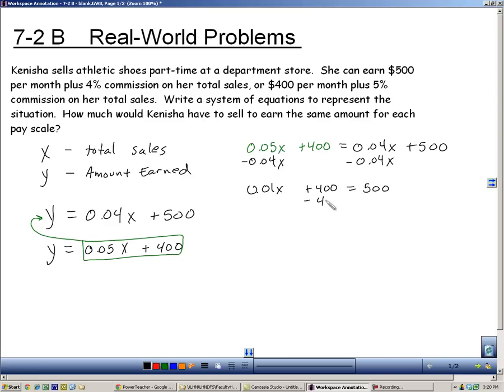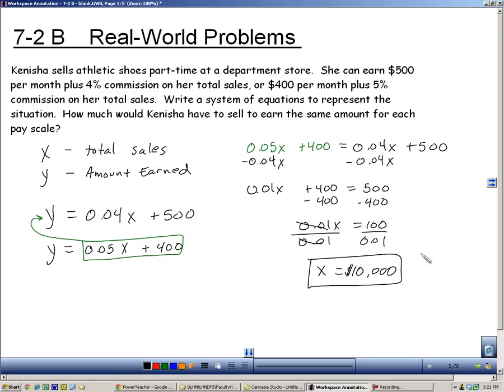We'll subtract 400 from both sides. We're trying to isolate the x. So 0.01x equals 100. Divide by 0.01. 100 divided by 0.01 is 10,000. So what we found out is x, which means the total sales, is $10,000. So she would have to sell $10,000 to make what she earns be the same.